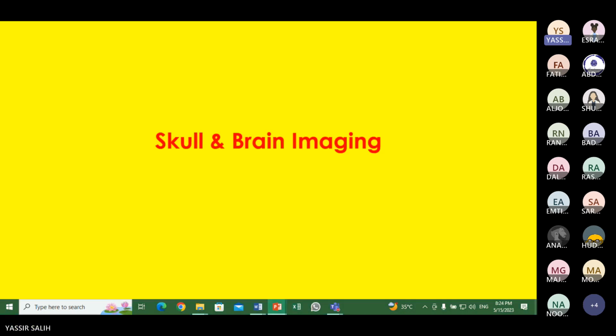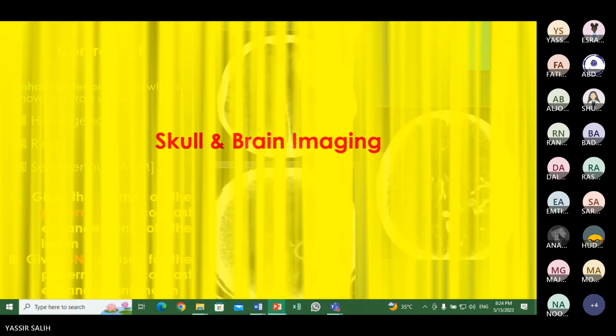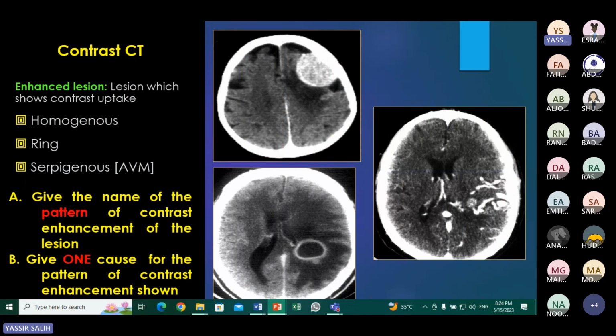Now concerning the contrast, what are the patterns of contrast enhancement when we give the patient a CT head with contrast, an enhanced CT of the head? What are the possibilities or patterns of enhancement? It could be what, or what, or what.